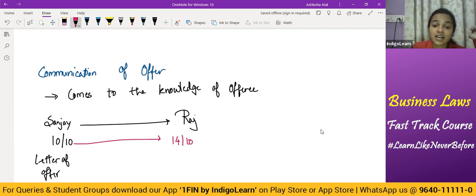However, Mr. Raj reads the letter on 15th of October. Now you tell me what will be the date of communication of offer in this particular situation? 15th of October, not 14th of October. Why not 14th of October? Because on 15th October, Raj had read the letter.